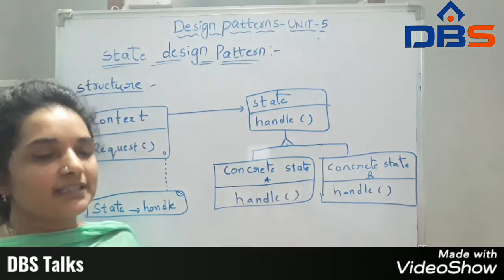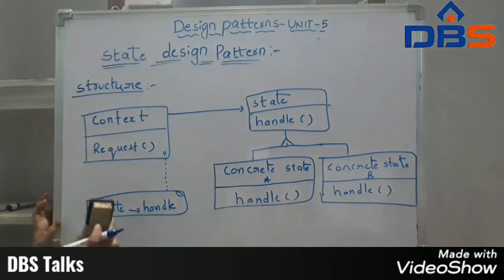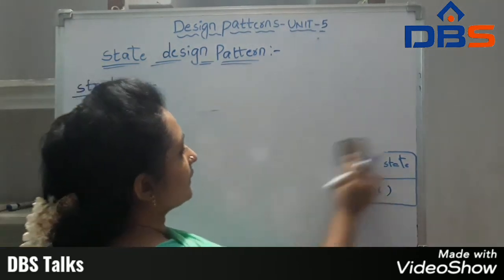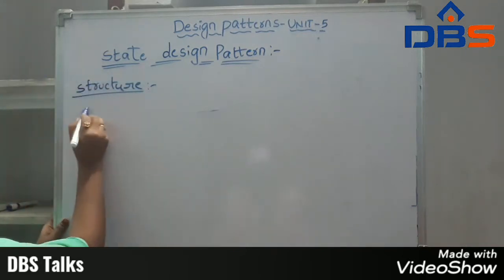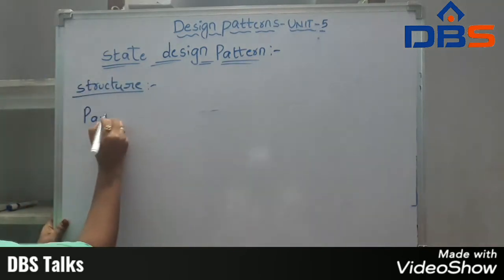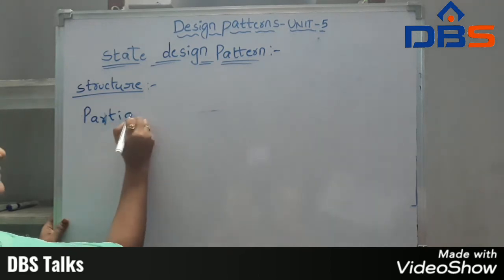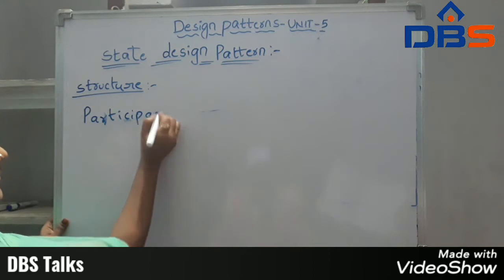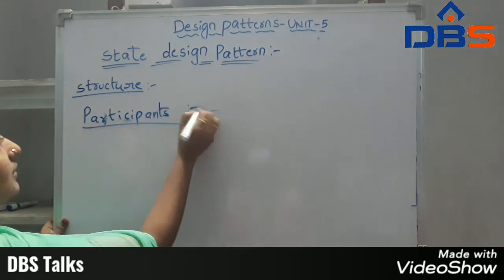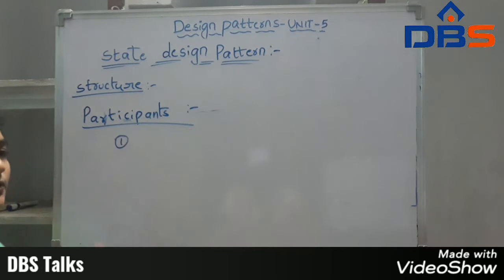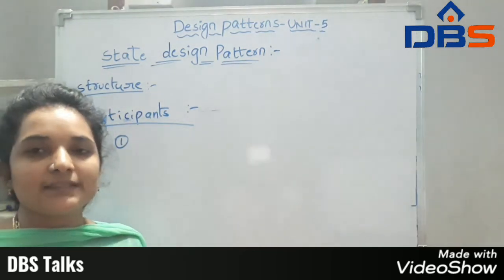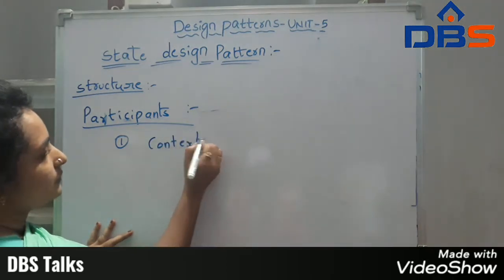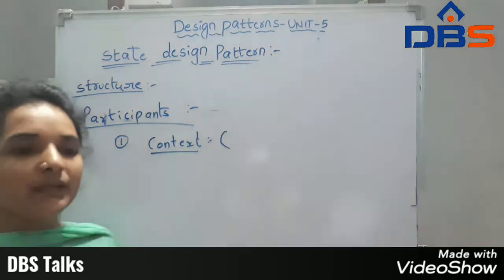Coming to this, we have some participants. Let's come to the participants, which depend on the structure. The first participant is the context. Here the context is the TCP connection.